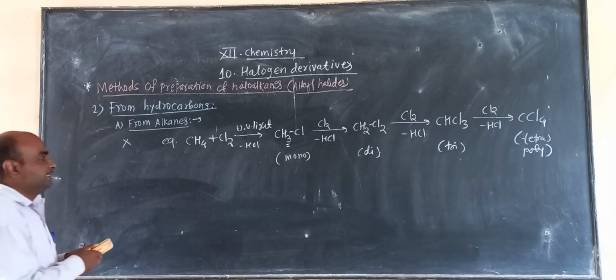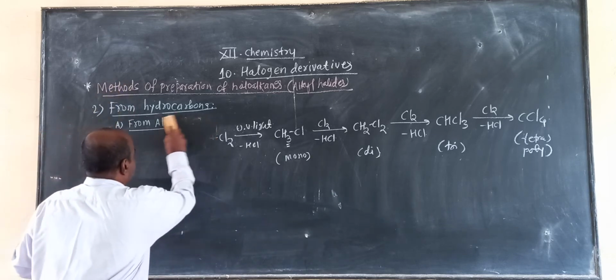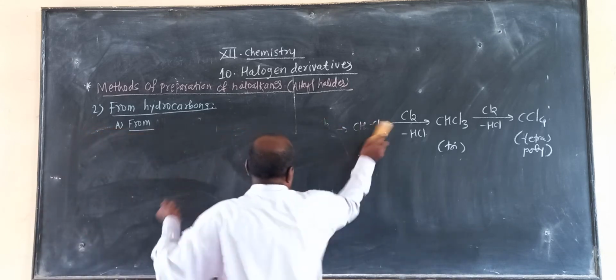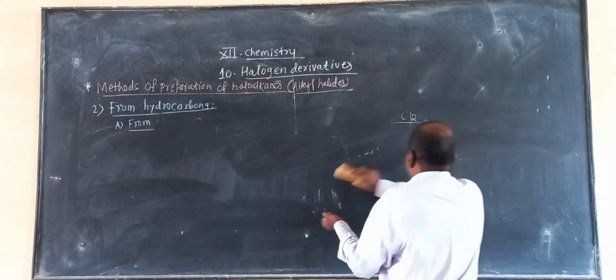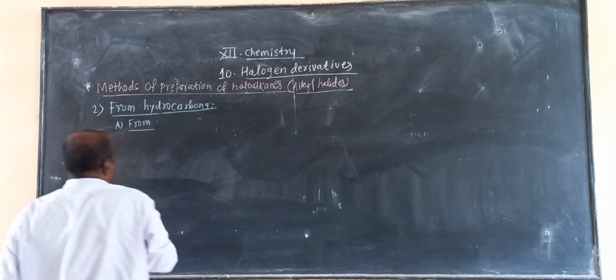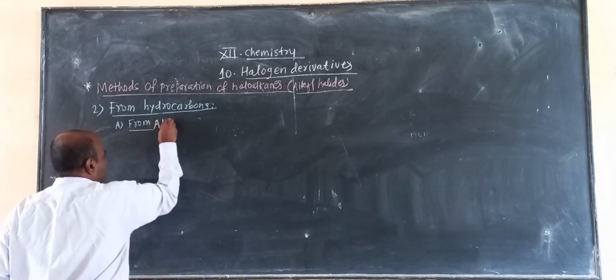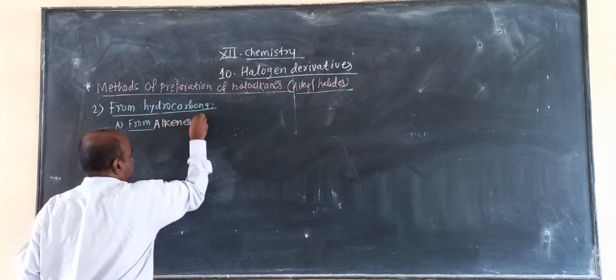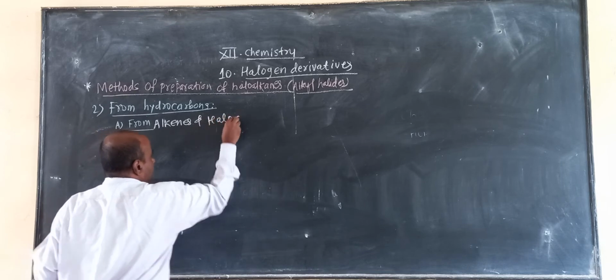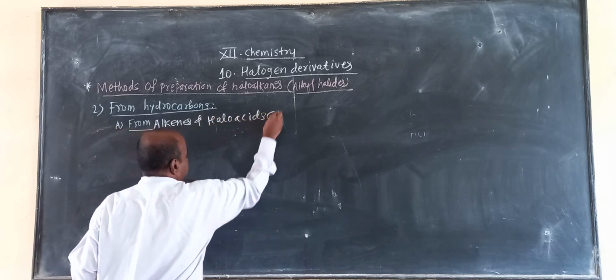Okay. Now the second method we discuss is from alkenes and haloacids, that is HX.